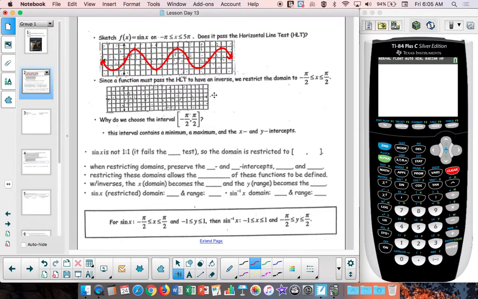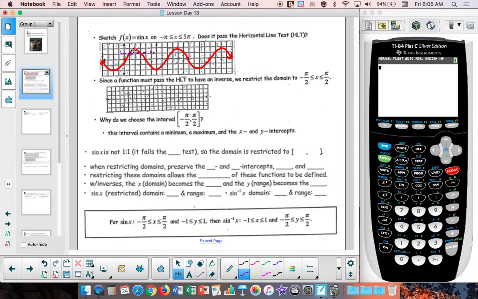And the question asks, does it pass the horizontal line test? And this is the biggest issue within inverse trig, is that no, it doesn't. The horizontal line test, if you remember, is does it go through two coordinates if I draw some horizontal line? And if I can go through two coordinates, then it doesn't pass.